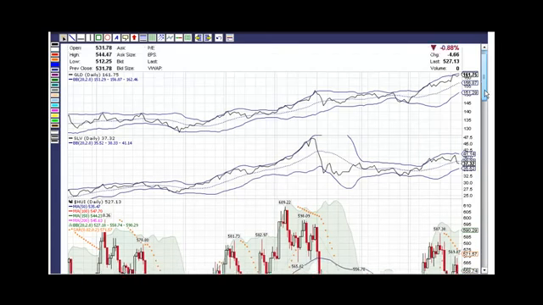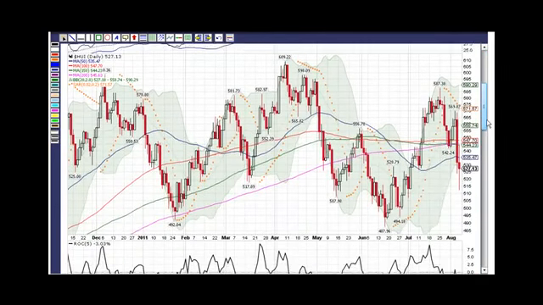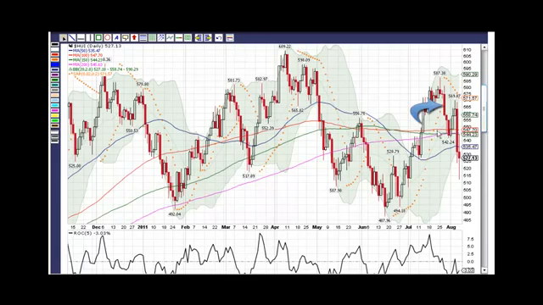So when we left this last time, we were right here. And this was when I last recorded, and I said that I thought that we would return down here to this convergence of averages. And we did. We returned to it. And then on Monday, Tuesday, Wednesday, we come out of the hole from the averages.